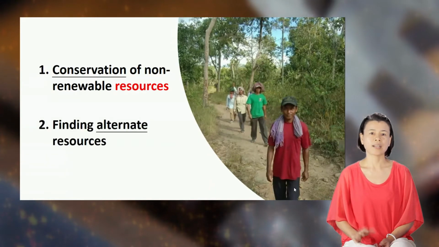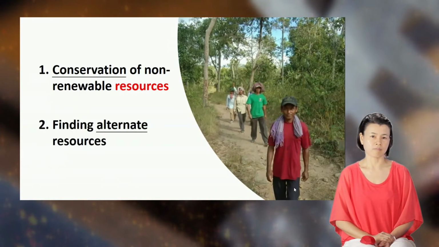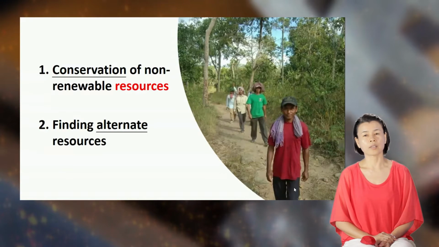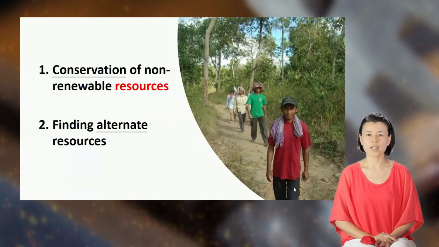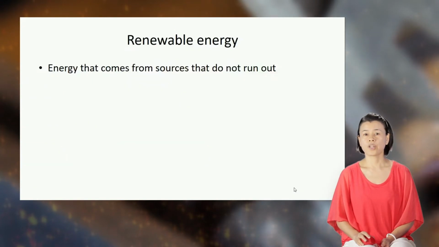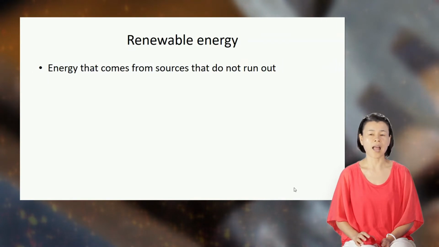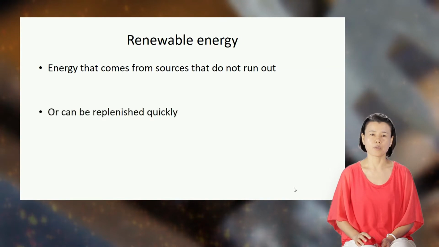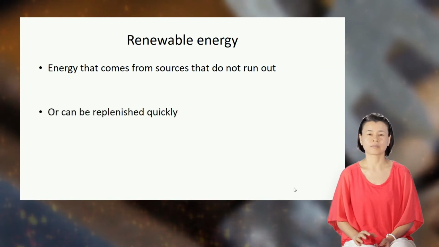2. Finding alternate resources, like renewable energy. What is renewable energy? This is a topic which was introduced in the previous section. Let's recap the major points. Renewable energy is the energy that comes from sources that do not run out, or can be replenished quickly.